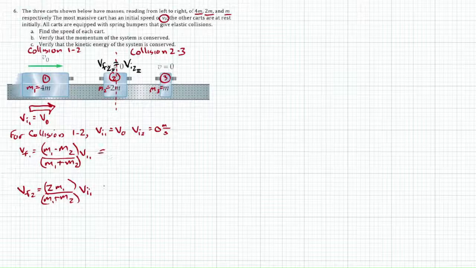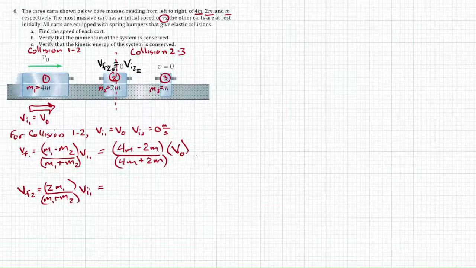So now let's simply plug in and find out what these final velocities are. So the mass of m1, what's that? Well, that's 4m. 4m minus mass of 2, that's 2m, divided by 4m plus 2m, all that times v. I'm sorry, we said it was VO, right?